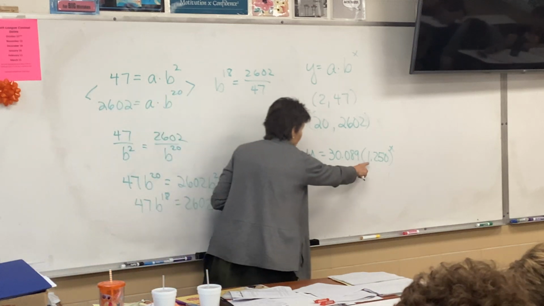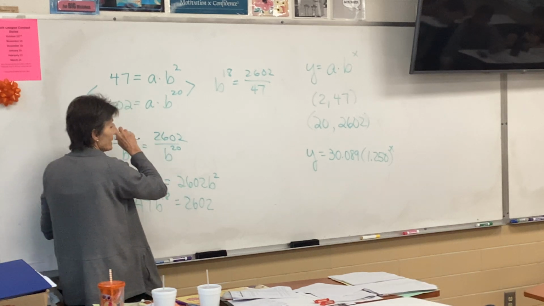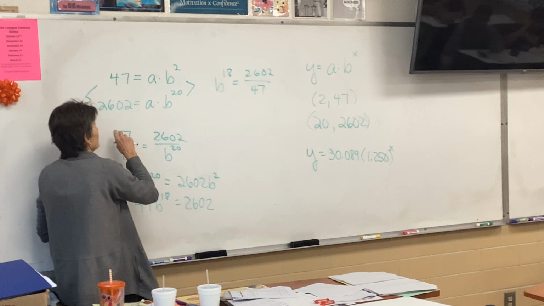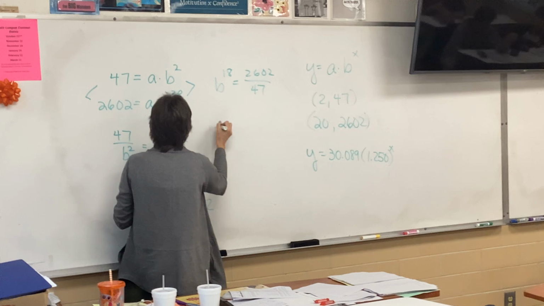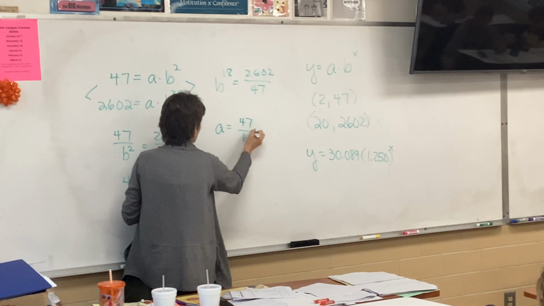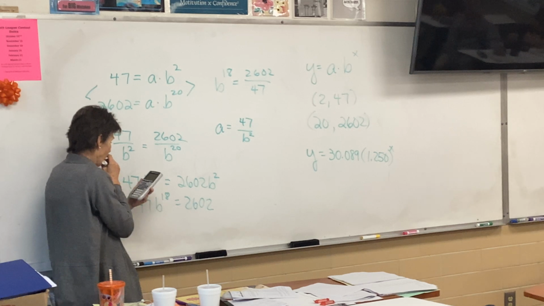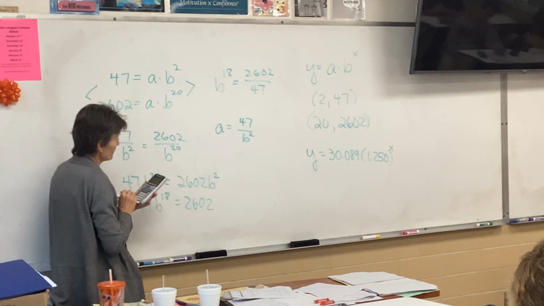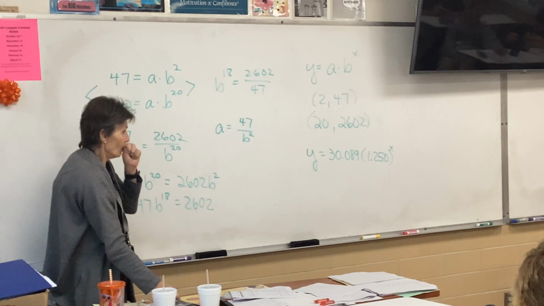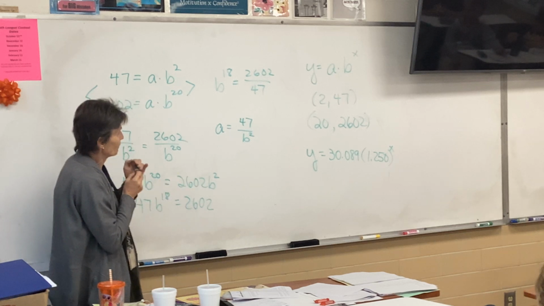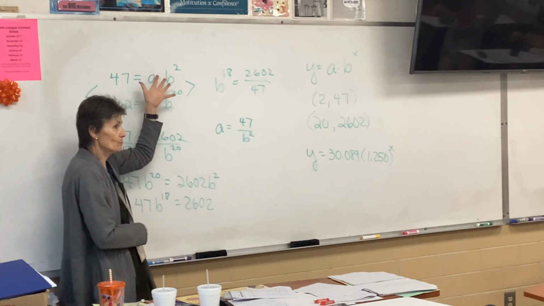And I got that one right there. Did you, hopefully? And then how would we get a? Plug it back in, but we're going to plug it back in without rounding it off. So a equals 47 over b squared. So 47 divided by that answer squared should be 30.089, yep. So we needed a calculator for both of those. Here we actually used regression. Here we used just regular math.